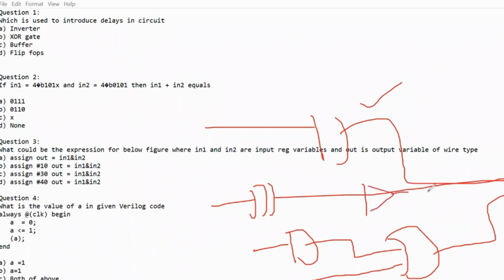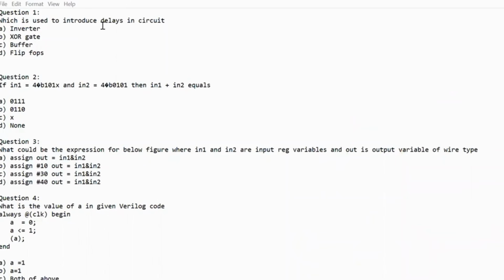We use as many buffers as needed to match the other path. By increasing the delay we can achieve that. Did you understand, everyone? That's why buffers are used, to increase the delays.